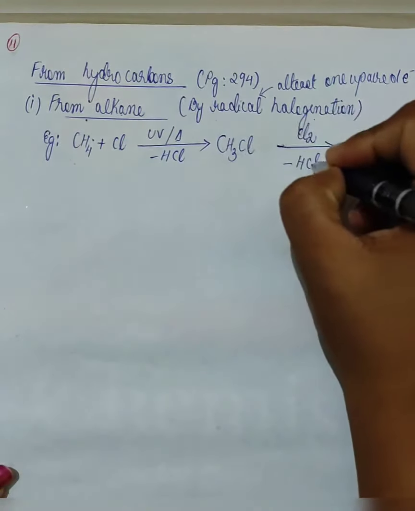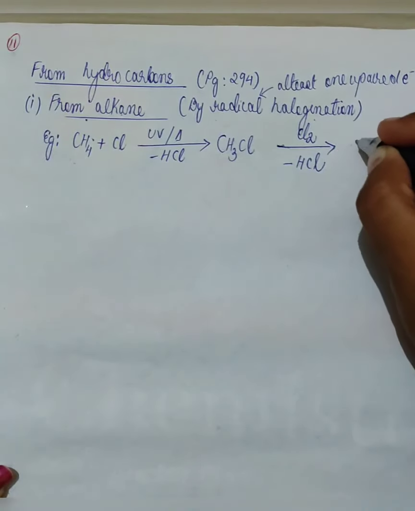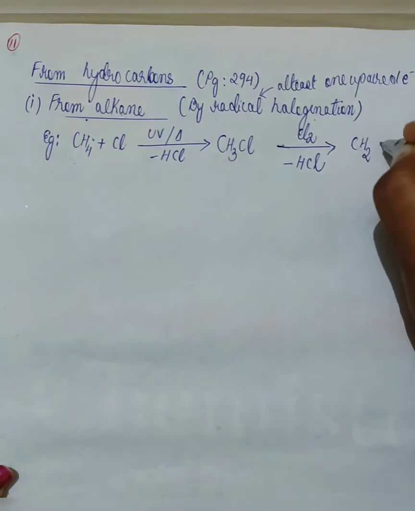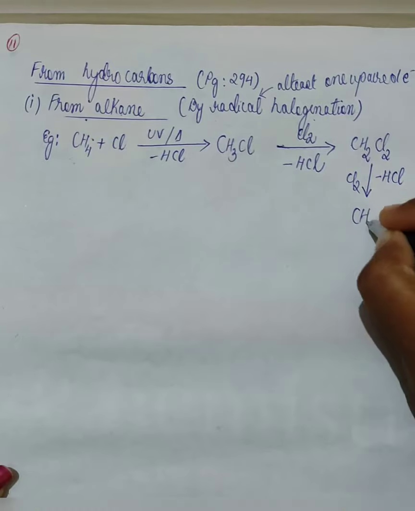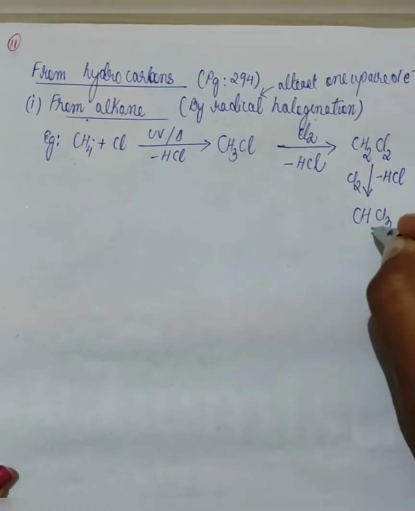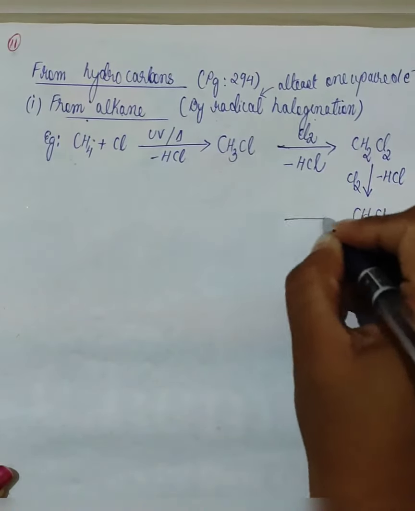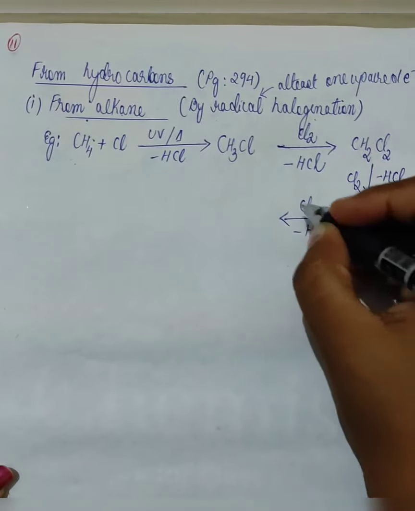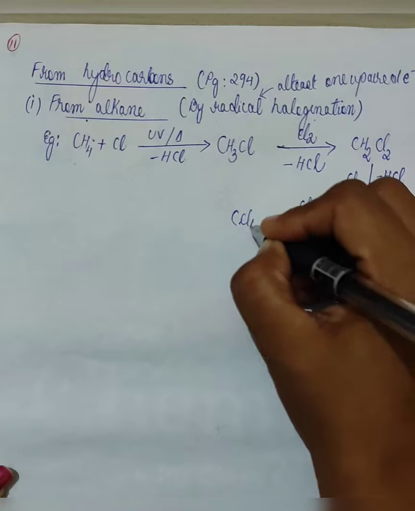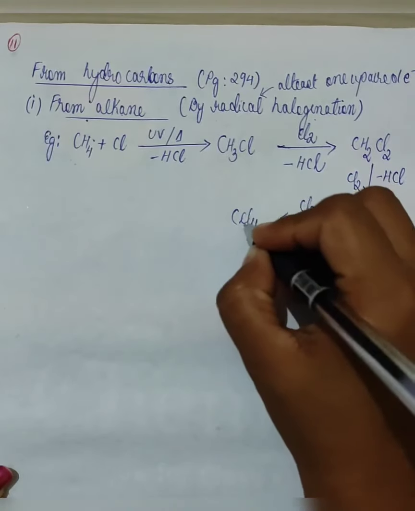Now, upon giving out a mole of HCl, it will become CH2Cl2. Now this one again, same will follow. Cl2 giving out moles of HCl, you will get CHCl3. Now again this one, it will follow the same process, giving out HCl. Now you will get CCl4. Now here, this is the final product.